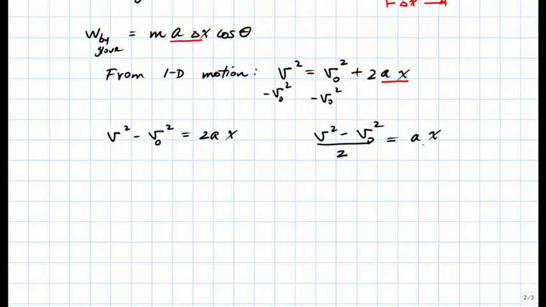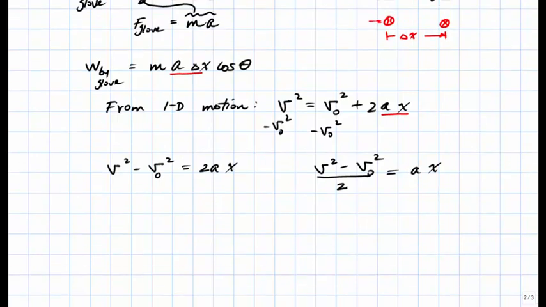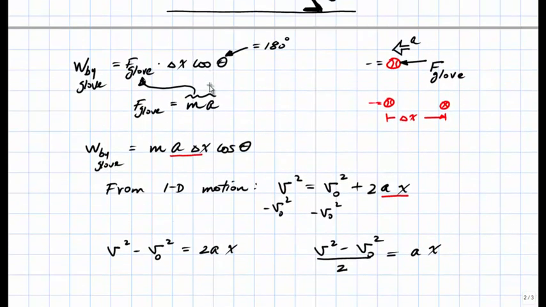But there's a problem. If we solve this equation for acceleration, the acceleration will come out to be negative under these circumstances. And that means that we will have a negative for the force, which will cancel out the negative of the cosine of 180. In order to address the fact that two negatives are being introduced, we're going to eliminate the cosine of 180 from our equation.